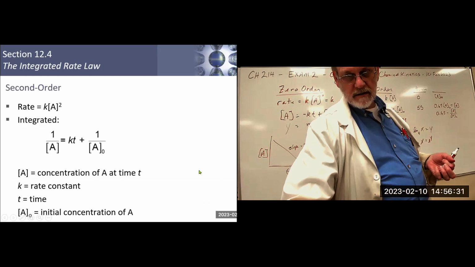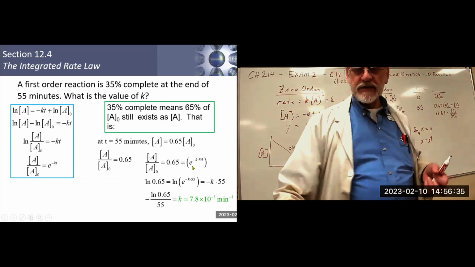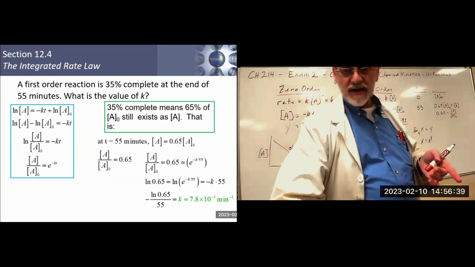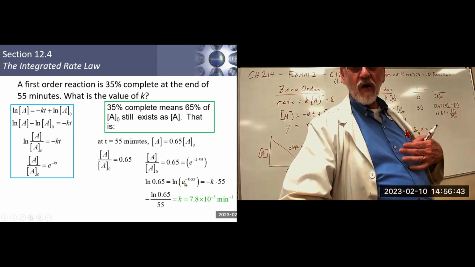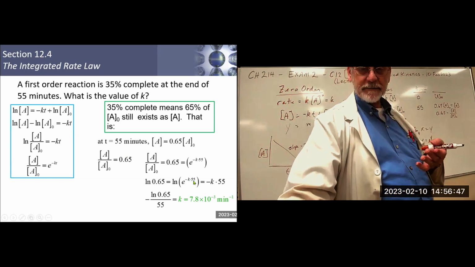The way you do it is you say this expression right here, if we take the natural log of both sides, that's the natural log of 0.65 equals the natural log of e to the minus k times 55.